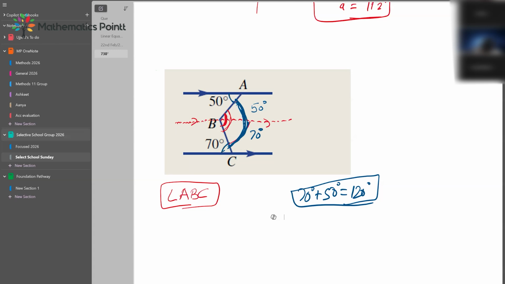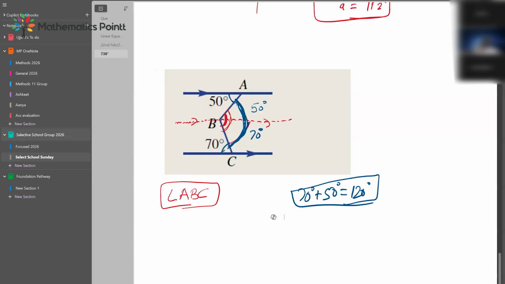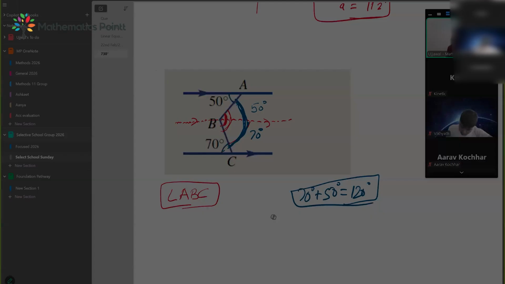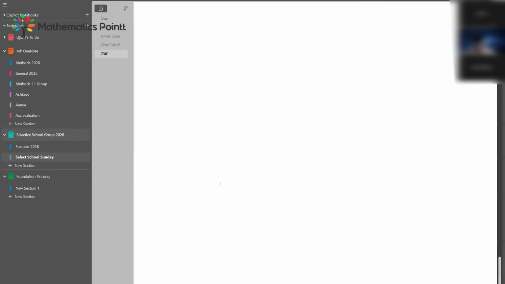Okay, let's try one more. Let's try this and I'll take another snip. All right, let's try this one, please.